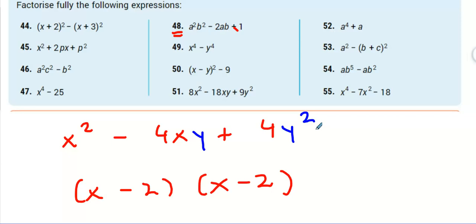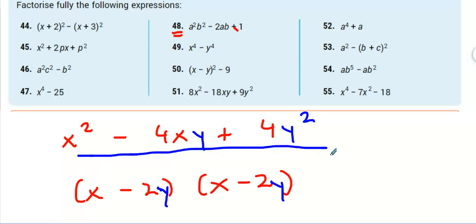What would the answer be? What do you want me to put here? I'll put a y there, and I'll put a y there. And if you multiply this out, what will you get? You'll get all that back out again. So when you're doing question 51, ignore that the y even exists. Just get rid of the y, factorize it normally, and then slot the y's back in at the end.